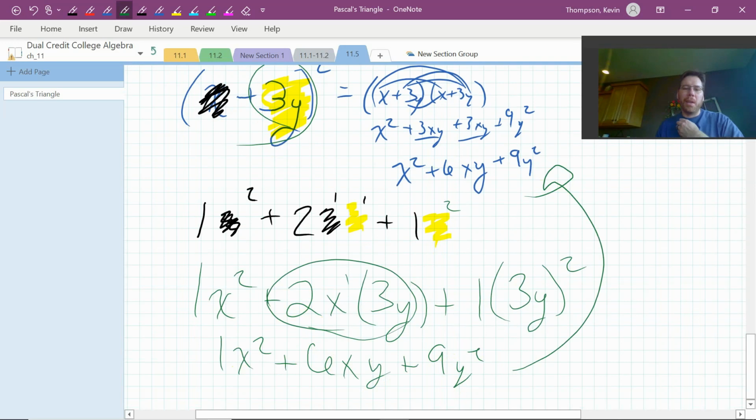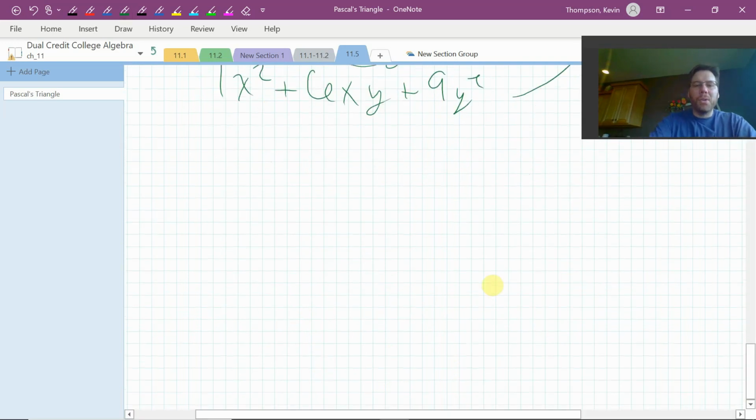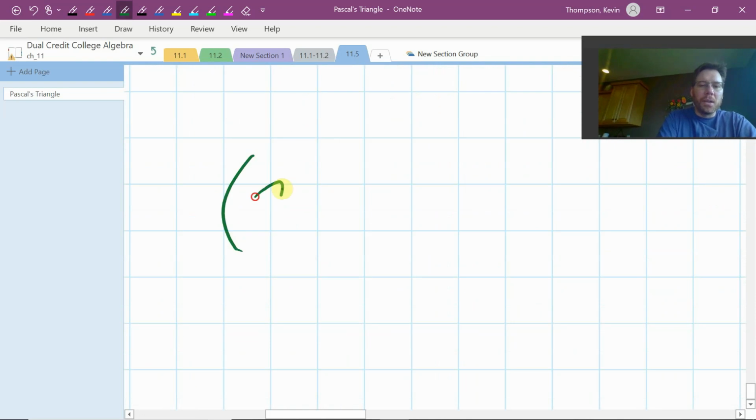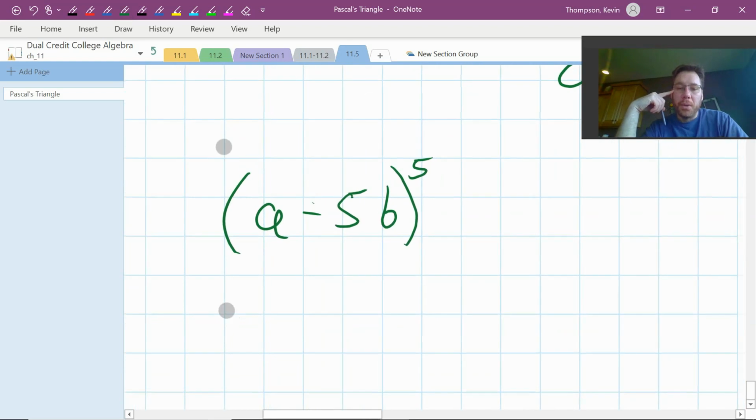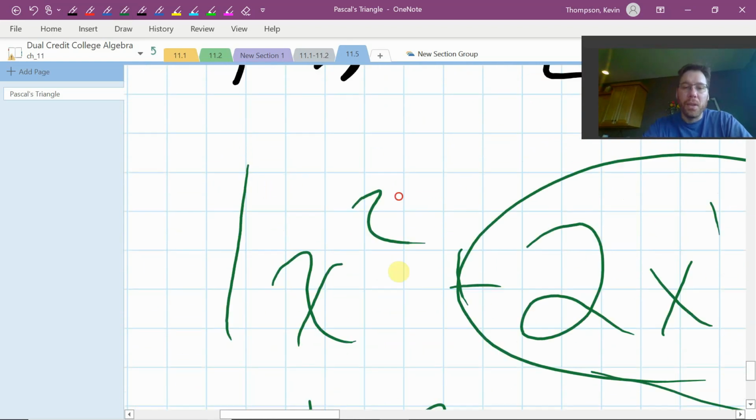Now you might go, well, that seems harder. Why would I do that? Well, what would you do, though, if I said this? What is, let's use different letters. So what if I would say a minus 5b quantity to the fifth. Now, in this one, I would need then this fifth row.